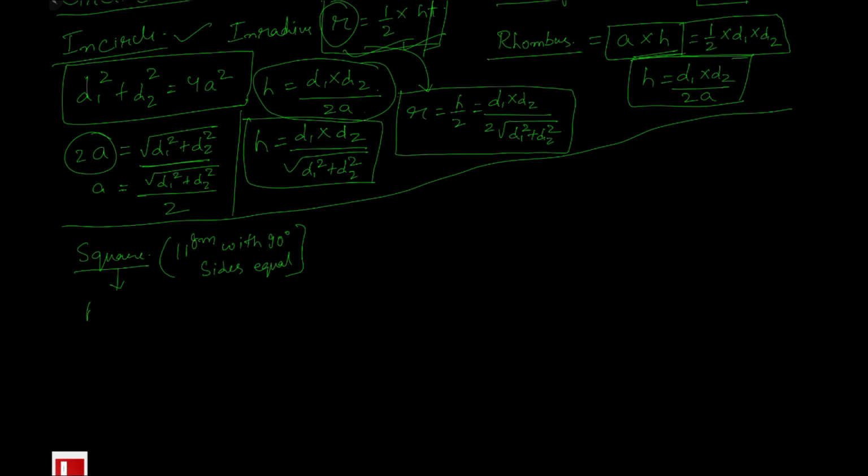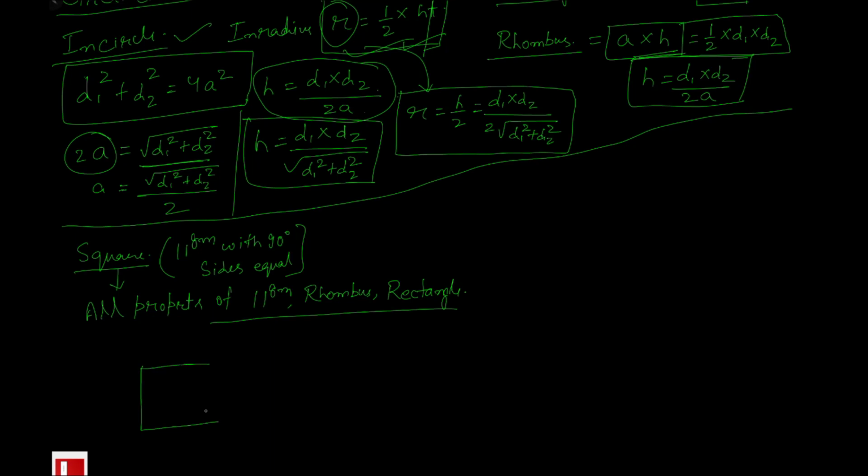Or in a way, can I simply say that all properties of parallelogram as well as rhombus, okay, as well as rectangle, all of them will be applicable to square. So there is no new property. For square, there is no extra property. Everything that we have seen for parallelogram, everything that we have seen for rhombus, rectangle, everything will be straight away applicable to square as it is.